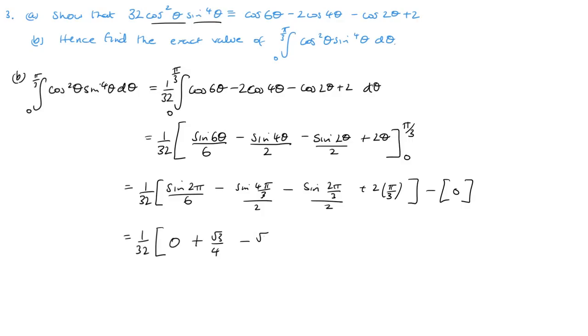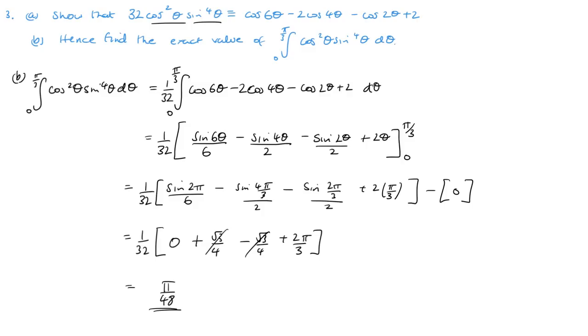And then we're going to have a negative root 3 over 4 plus 2 pi by 3. So these two are going to cancel with each other. So it's going to be 1/16 times by the pi by 3 really, isn't it? So it's going to be pi by 48 once I've simplified.